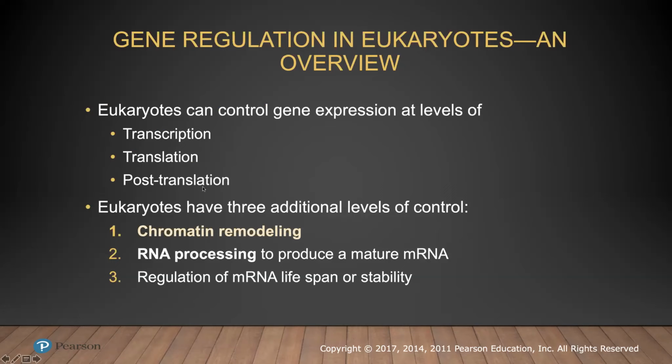These all have their own set of criteria that allow for genes to be expressed. What we're going to look at today are some additional levels of control that have to come into play before any of these happen, and that is chromatin remodeling.